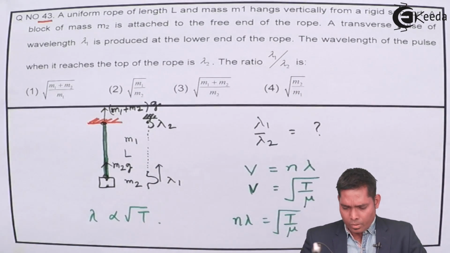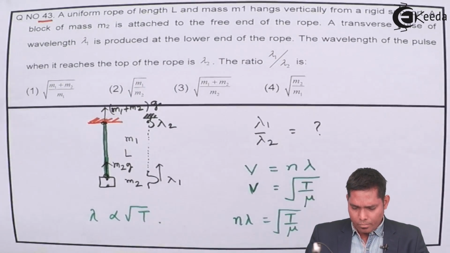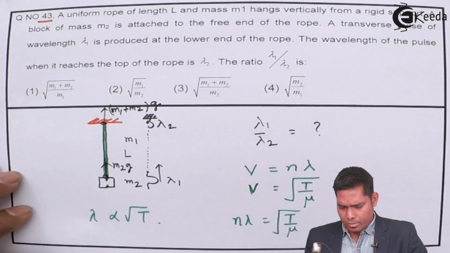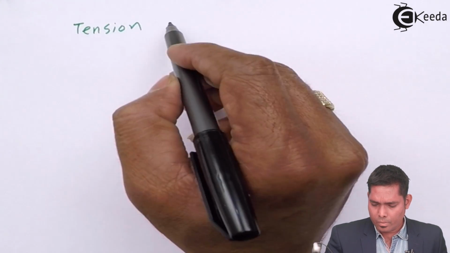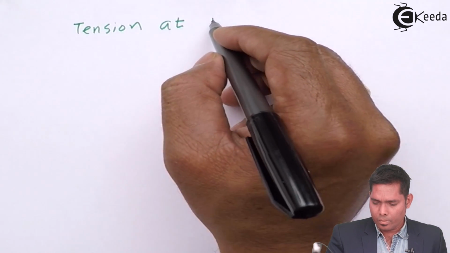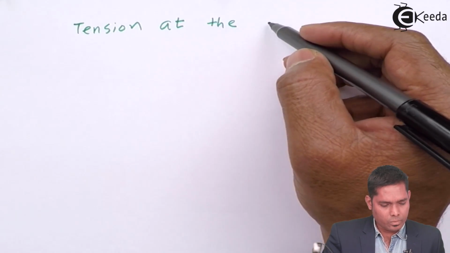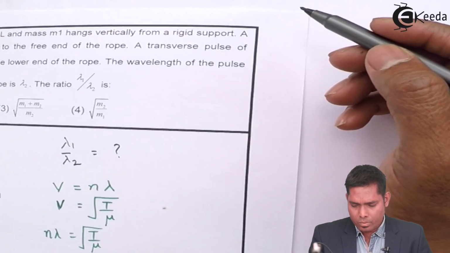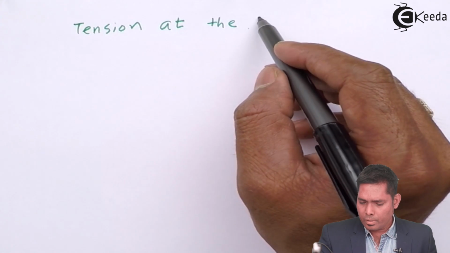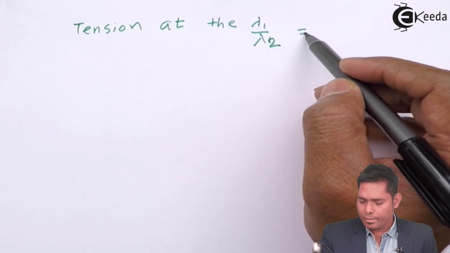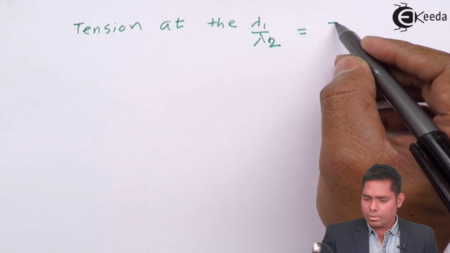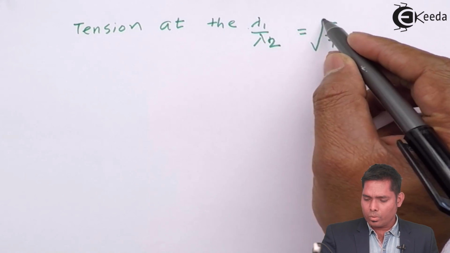So the question is to find lambda 1 over lambda 2. The tension at the lowest point to that at the highest point is given by the square root of T1 over T2, because it is proportional to that.